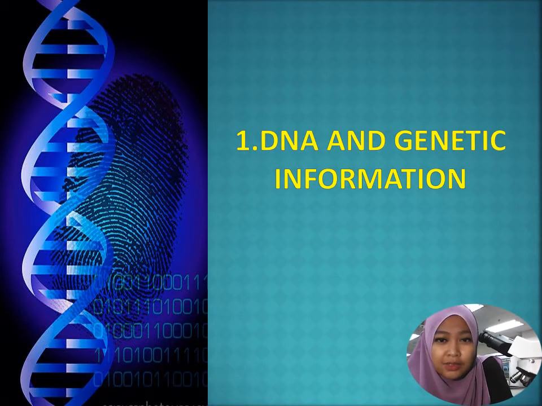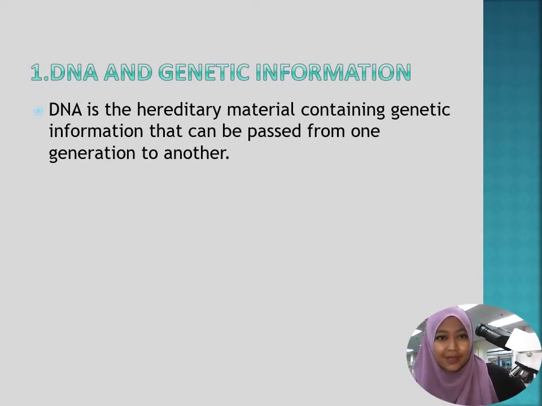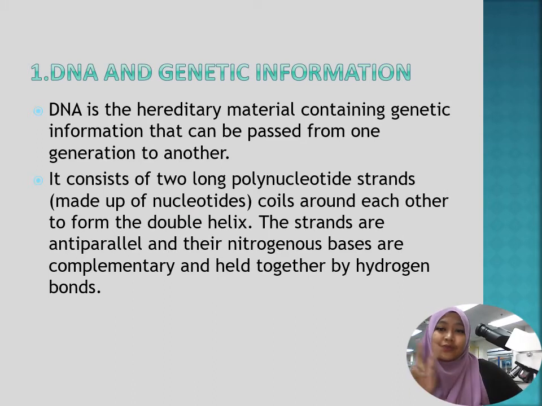We have number one, DNA. Here we have DNA and genetic information. DNA is a hereditary material that contains genetic information that can be passed from one generation to another. It consists of two polynucleotide strands made up of nucleotides that form a double helix.